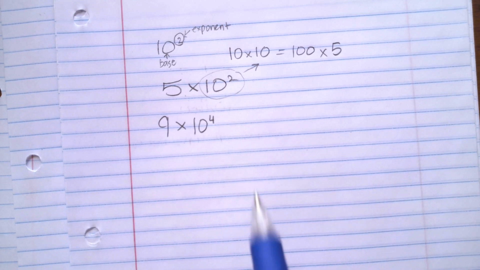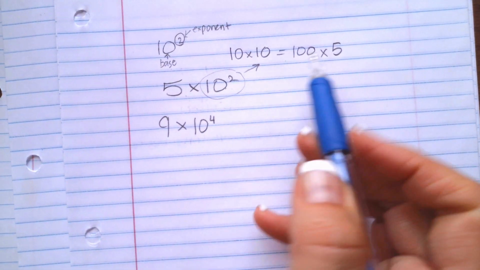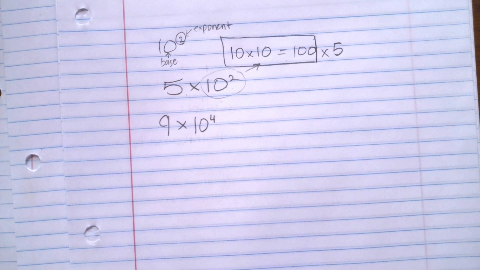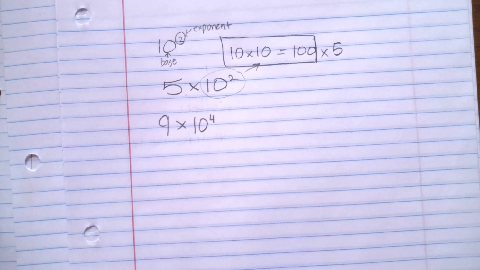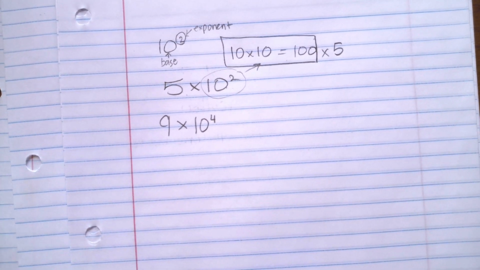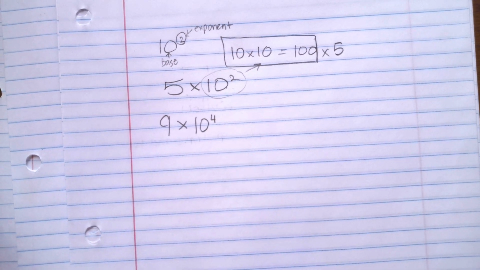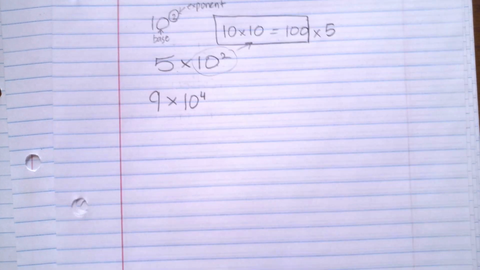We know that 10 to the second power is 10 times 10. We've already figured that out, right? Now we take that answer and we multiply it by 5. So what is 5 times 100? 500. Yep.